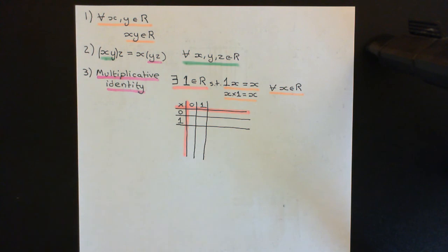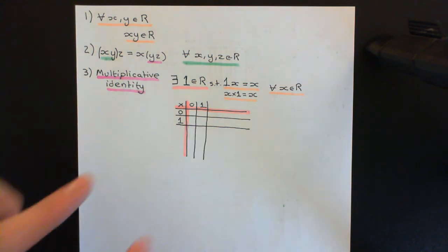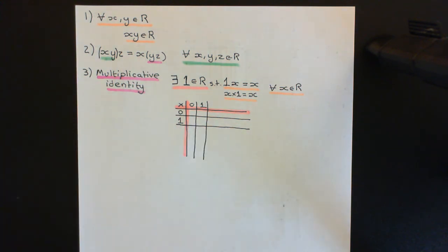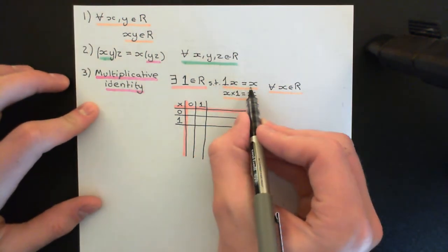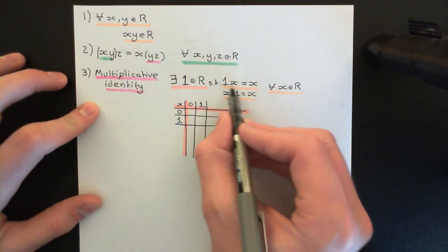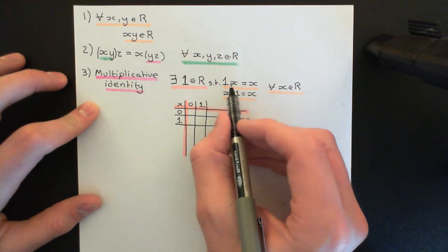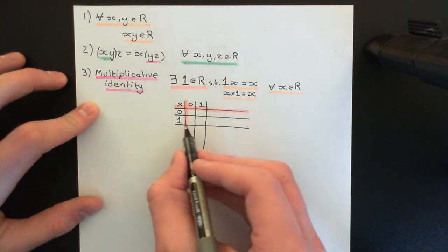However, we now can say what the row and column dedicated to the multiplicative identity 1 are going to look like. Firstly let's take this top property here, which is exactly like the additive identity in the addition composition law, but now we're doing the multiplication composition law.